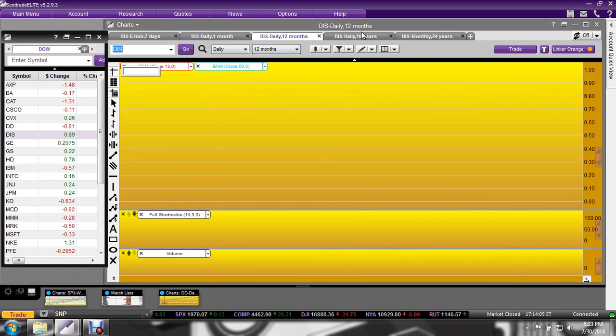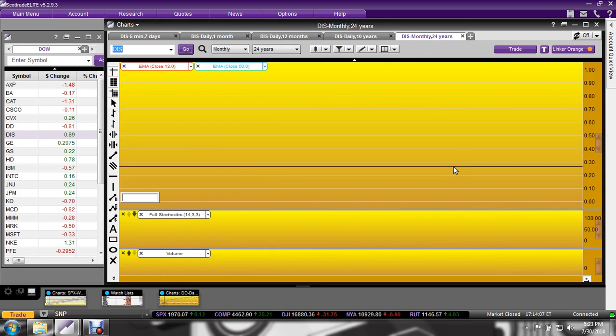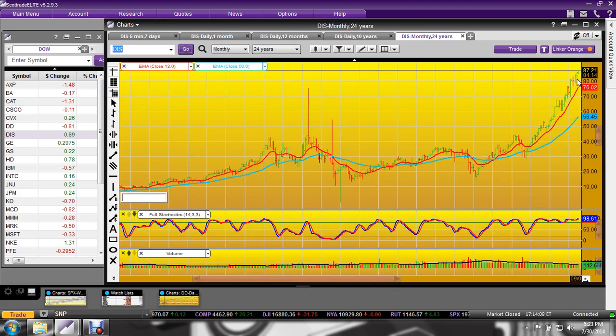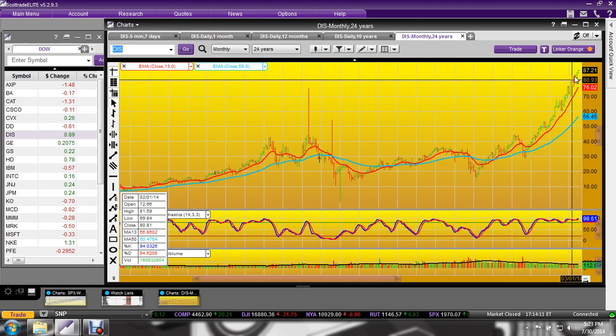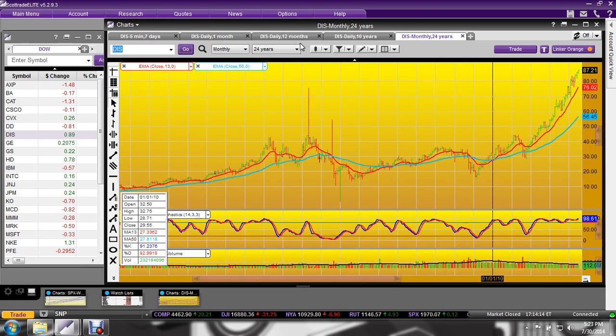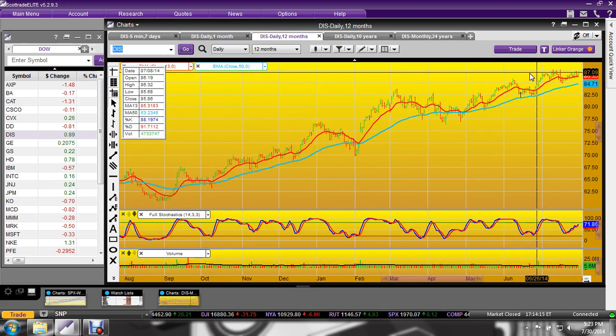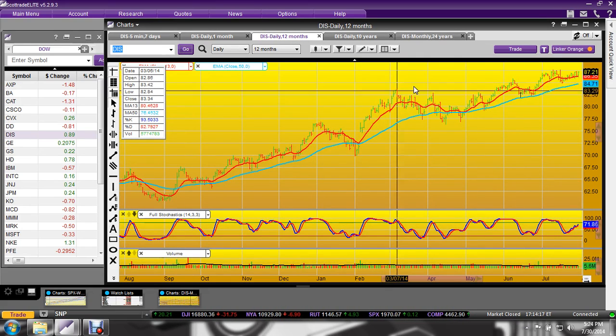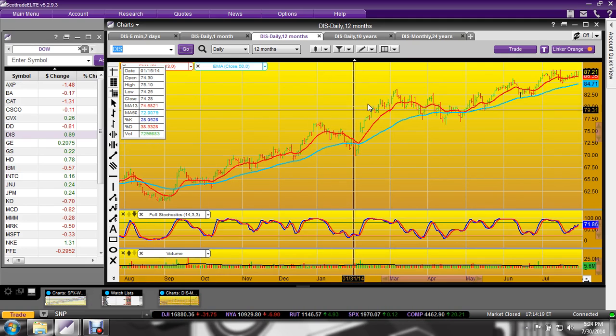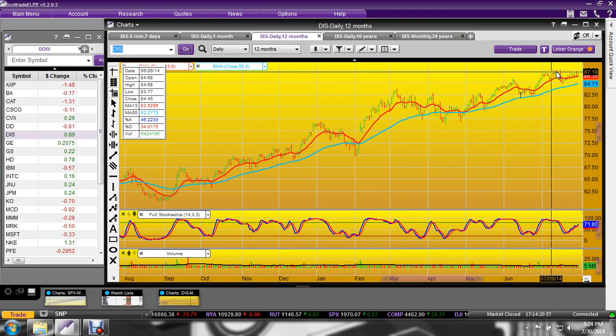Here's Disney. Disney has a great long-term chart. This is a beautiful chart. Look at that run. Now, the last couple months, they aren't in that run that they were in earlier. They're kind of rounding out.